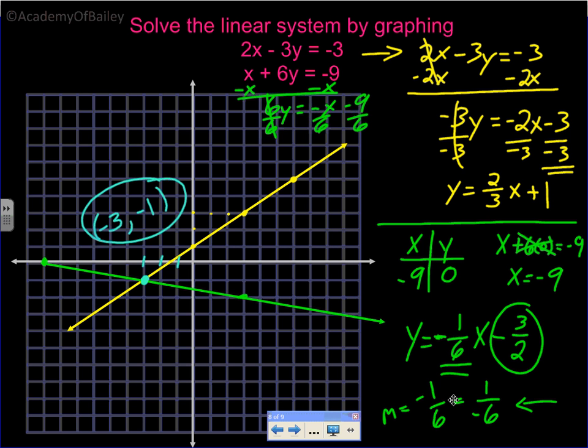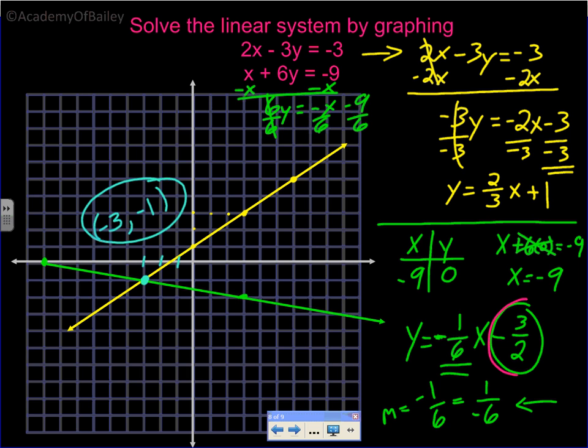I know this is probably a concept of finding the slope and then using it from the x-intercept. I know that's probably a concept you've never done, but as long as you have one point, you can take that slope and move from that one point as long as it's on the line, and you still make your line. So let's go ahead and check this real quick. I guess I didn't check this.